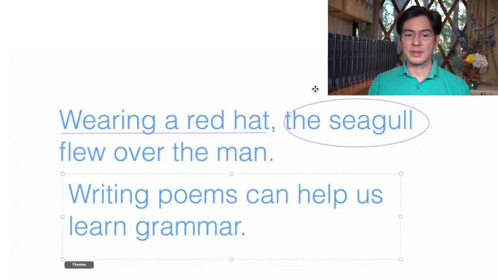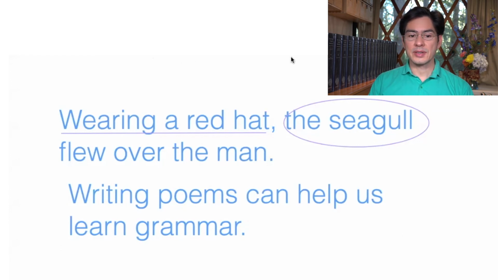Now, you also asked about gerund phrases. There's a very simple contrast to participle phrases. Gerund phrases are phrases that begin with a gerund, such as the ing form of a verb, but gerund phrases are used as a noun. For instance, writing poems can help us learn grammar, and that's something I actually believe quite strongly.